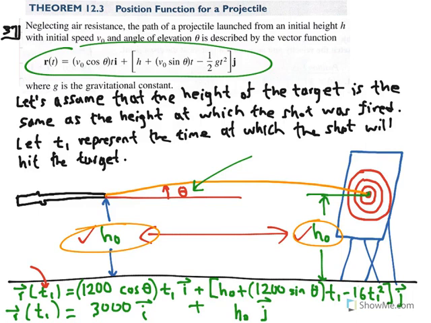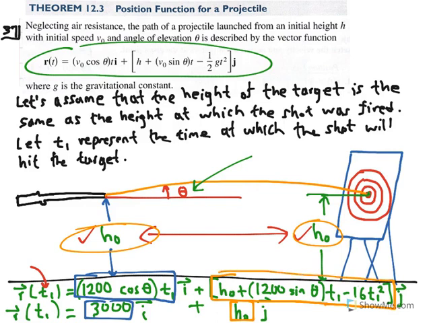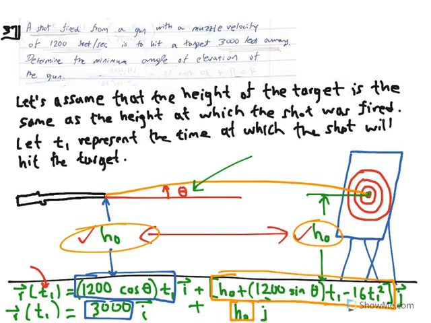So now we have enough information to be able to write a system of 2 equations and 2 unknowns. The bullet is at the same place at the same time, so we can set 3,000 equal to 1,200 times cosine of theta times t sub 1, and we can set h naught equal to h naught plus 1200 times sine of theta times t sub 1 minus 16 t sub 1 squared.